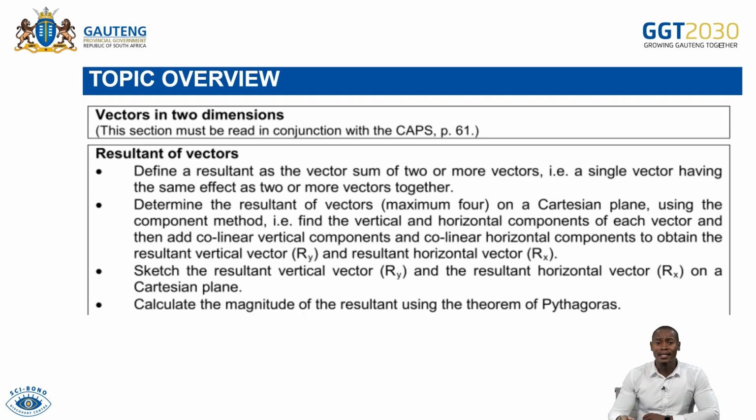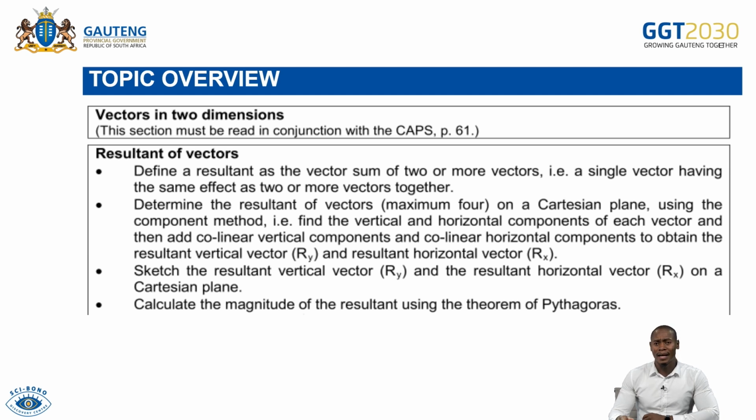Then I believe all of you learners have what we call the examination guidelines, either the hard copy or the soft copy of the examination guideline for grade 11, so that you'll know what we are supposed to cover under vectors in 2 dimensions. So according to our exam guideline, this is what we need to cover under vectors in 2 dimensions: resultant of vectors.